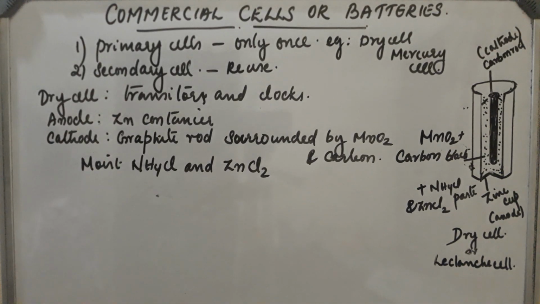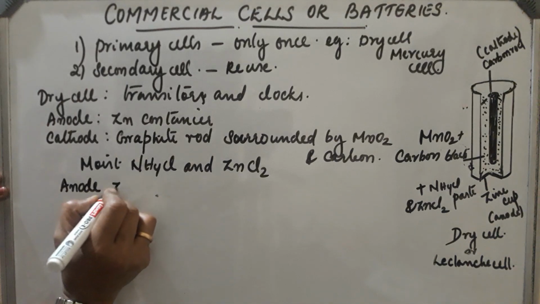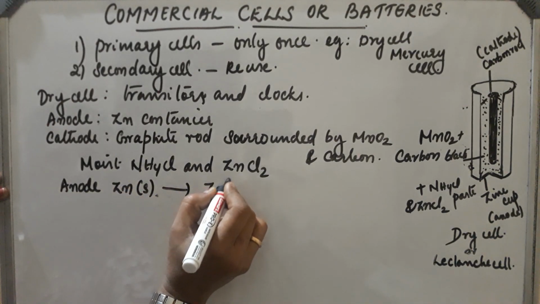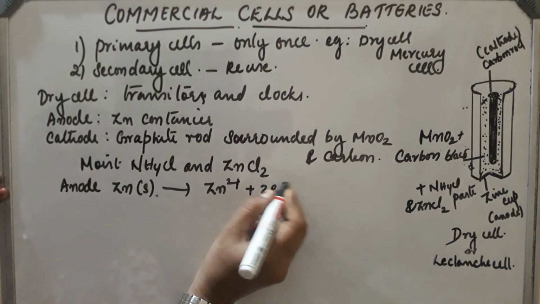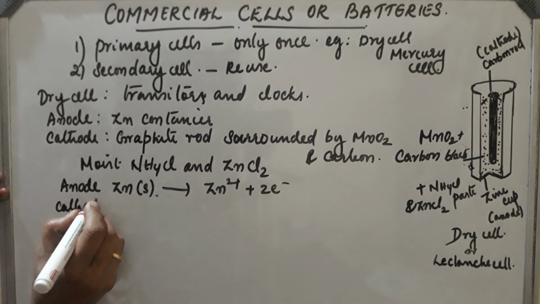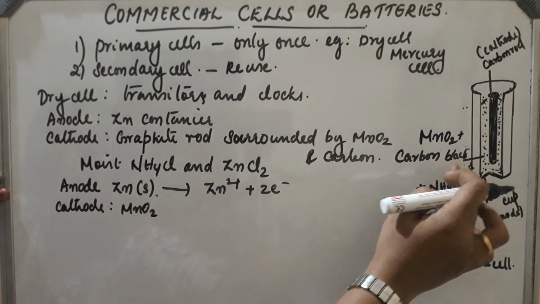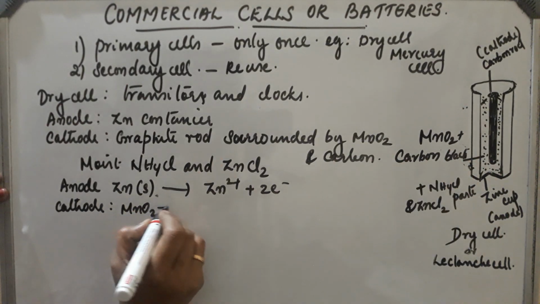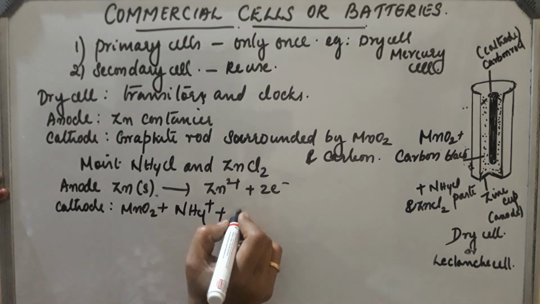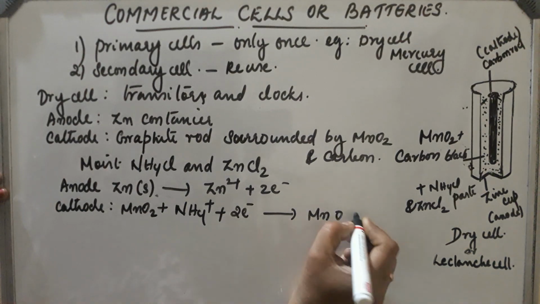Now what is the reaction? At the anode, zinc in solid form gets converted into Zn2+ and 2 electrons are liberated. And what about the cathode? At the cathode, MnO2 and NH4+ are present, from NH4Cl. Two electrons are absorbed and it gets converted into MnOOH.